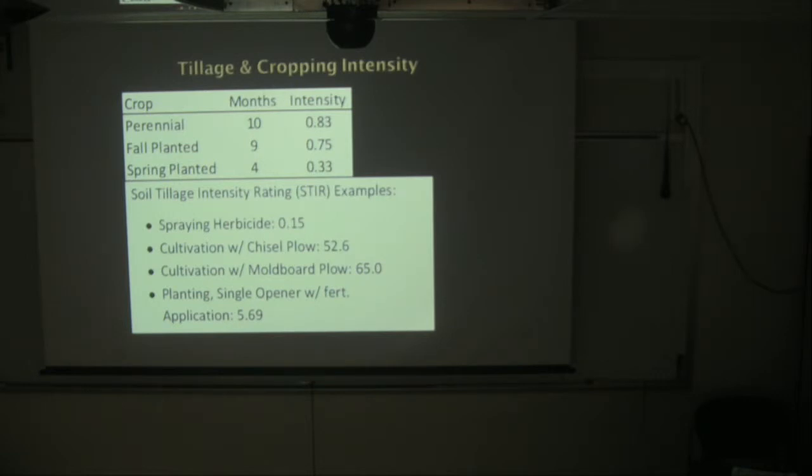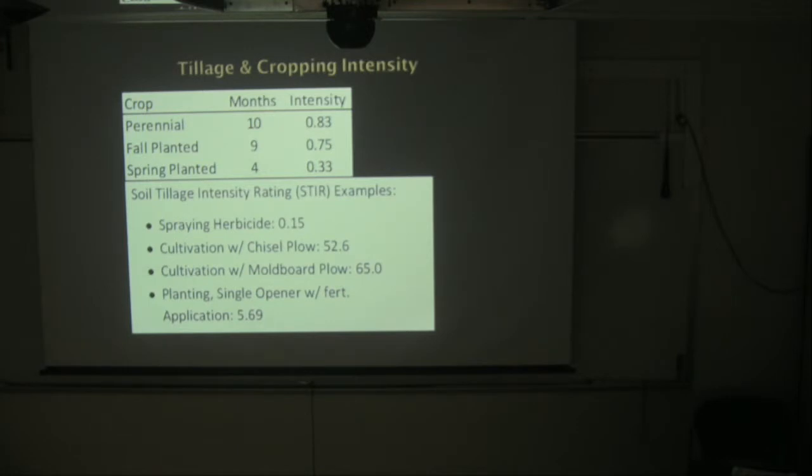So up top here represents cropping intensification values, which I devised based on the duration from planting to harvesting, or for perennials from the approximate time annually when they're actively growing. So .83 represents 10 months out of the year for perennials. .75 represents 9 months out of the year for fall planted crops such as winter wheat. And .33 represents 4 months out of the year for spring planted crops such as spring wheat, spring barley, garbanzo beans.